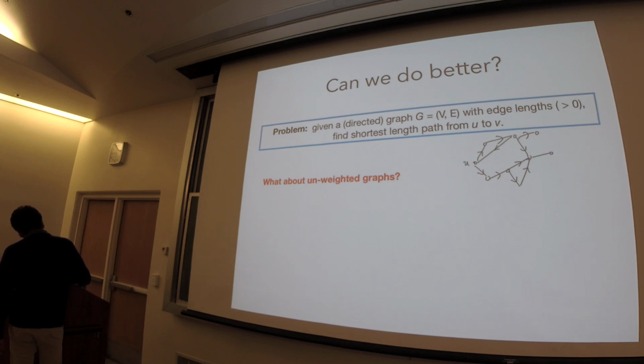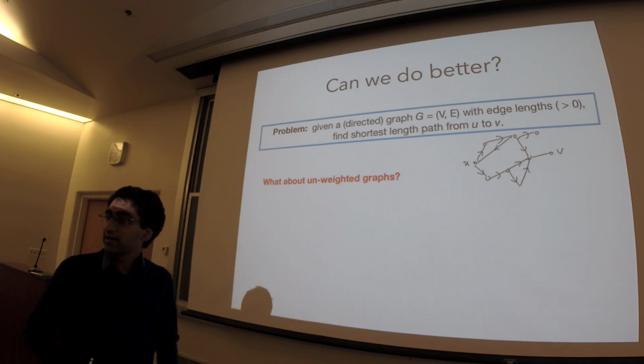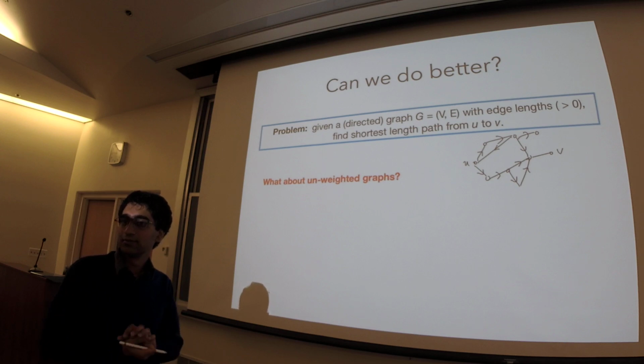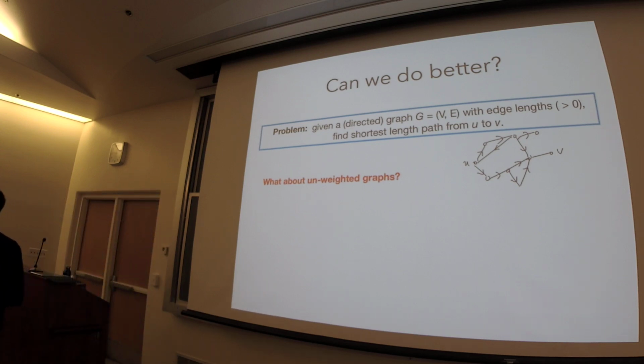That give you some U and V, and ask you to find the shortest path. So how quickly can you solve this problem? All edge weights are 1.